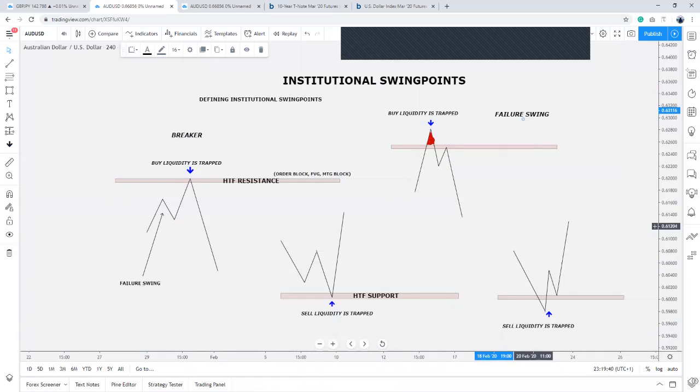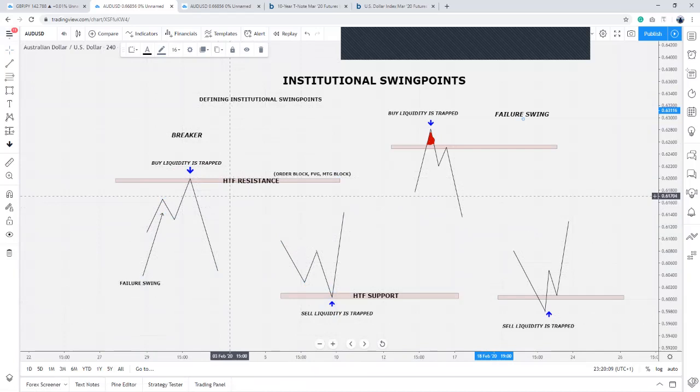Regarding the breaker, there's the market turning point for a sell, which you can see here, and also the market turning point for a buy, which is what you're seeing here. The main key to note is that before you see the market make a turning point from a level, it is going to do that off a higher time frame level.